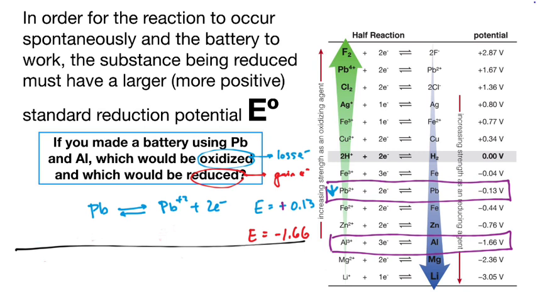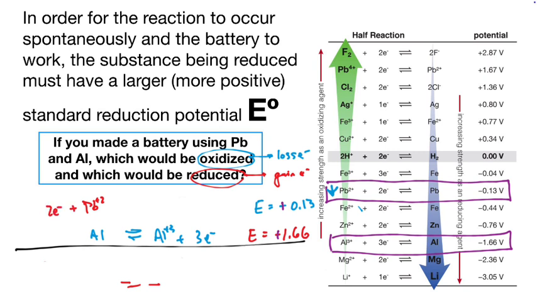So the aluminum is going to be the equation I'm going to flip to aluminum 3+ plus my 3 electrons. So instead of it being a negative, I'm going to multiply by a negative now because I flipped that one, and that will become positive. What happens with the lead? I'm going to flip that back to where it was, plus my 2 electrons to lead.